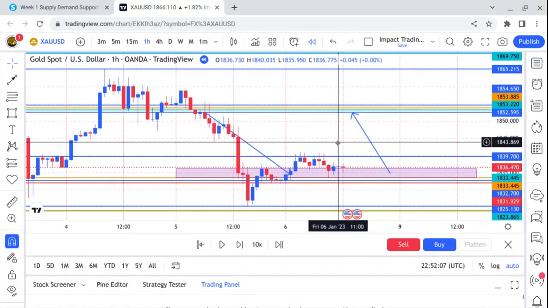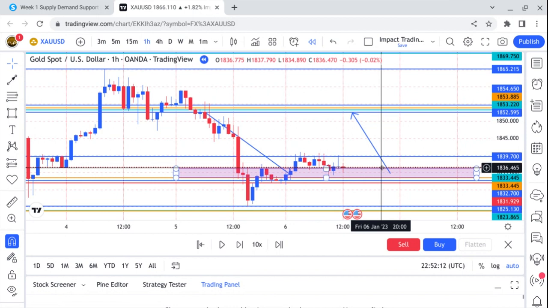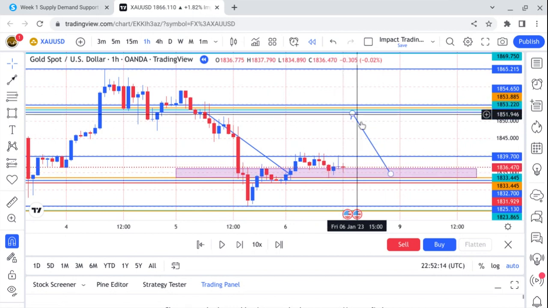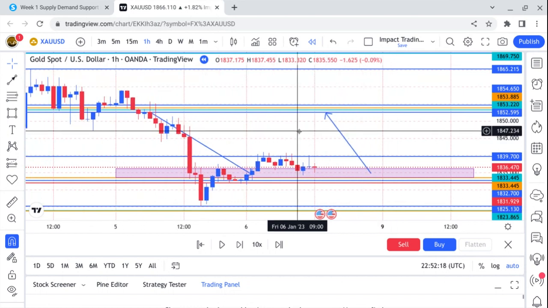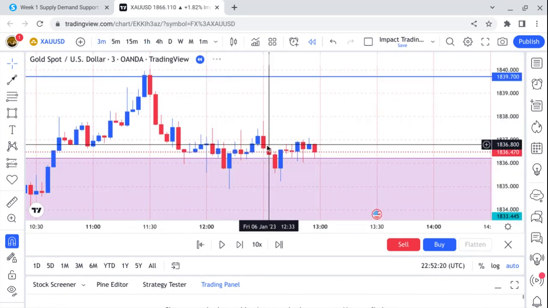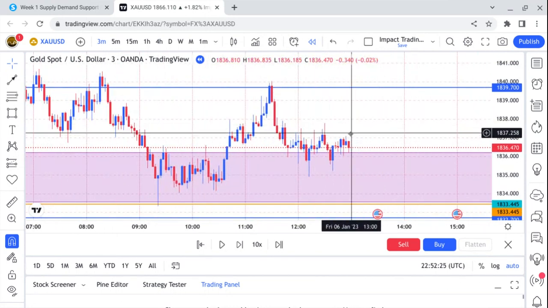Now we know the New York session volatility usually has three swings of 1,000, 1,500, 1,000. So on the New York session, if we're intraday trading, the New York session starts at 1,300 on this server.